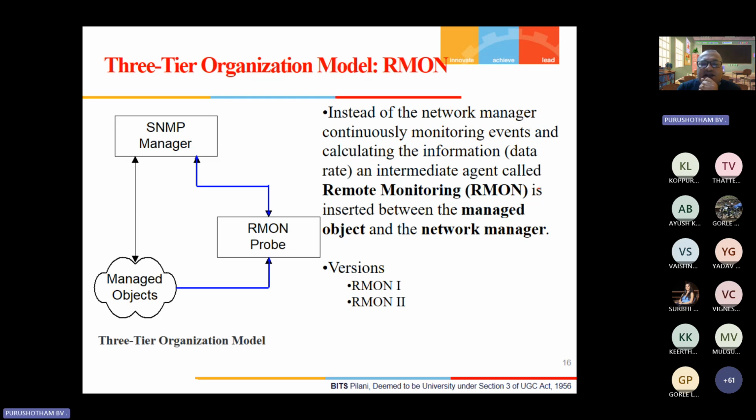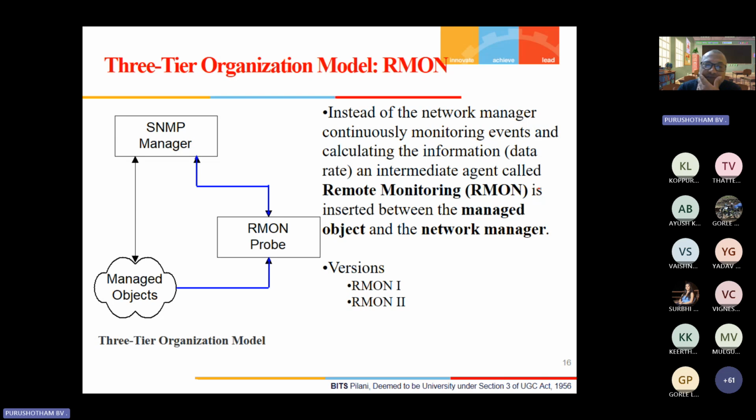So this is the three-tier architecture. As we said, when we are using a three-tier architecture, instead of the network manager continuously monitoring the events and calculating the information at a certain data rate, we use an intermediate agent called RMON, which stands for remote monitoring.